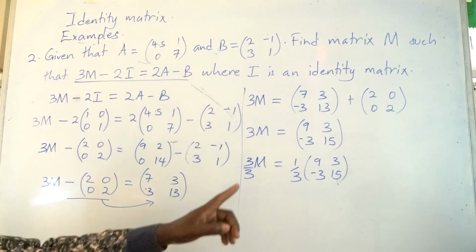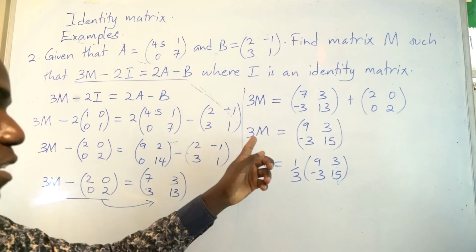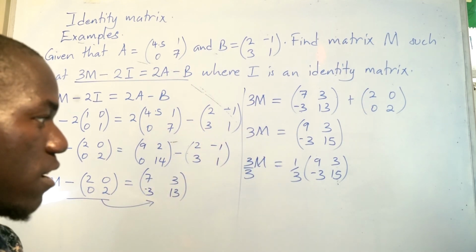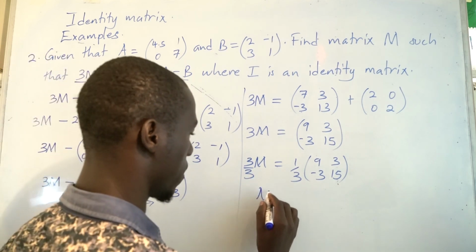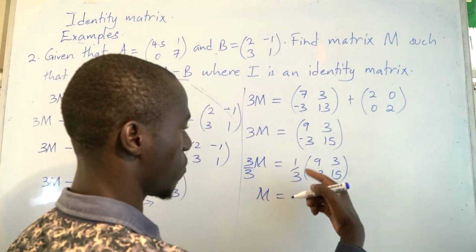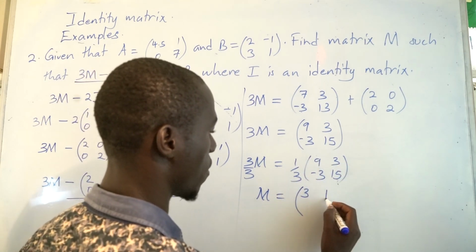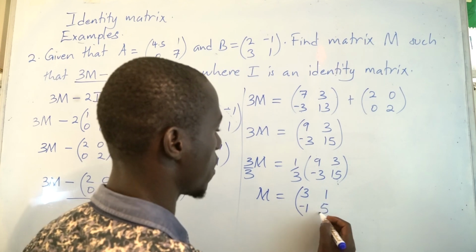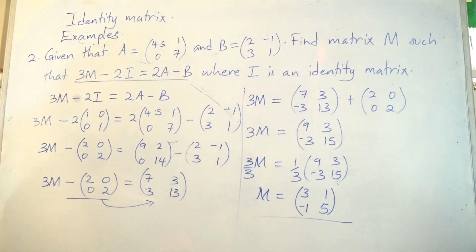Because the scalar here is a 1, so I've divided the scalars on the matrices like that. So I'm having a third to multiply whatever is inside the bracket, and there I get a 3, there a 1, negative 1, and then a 5 as my matrix M.